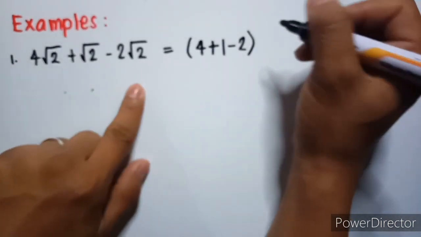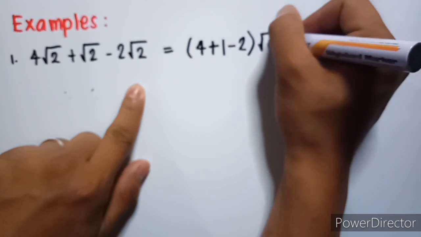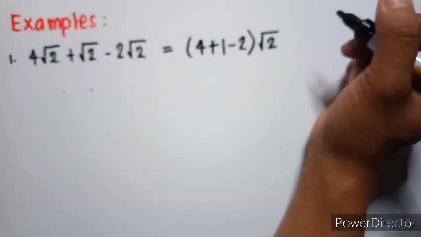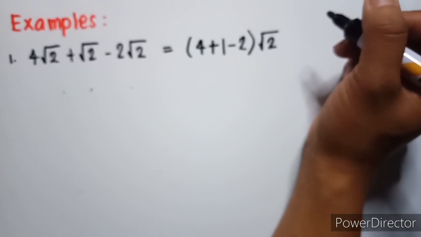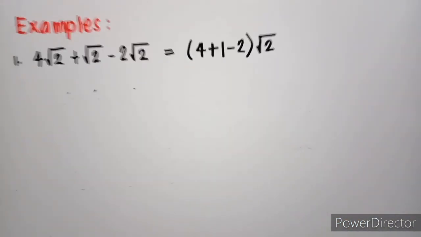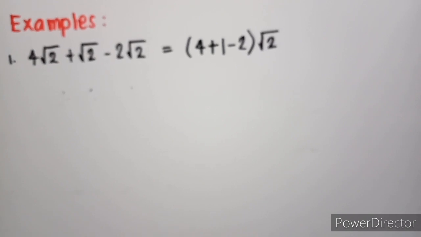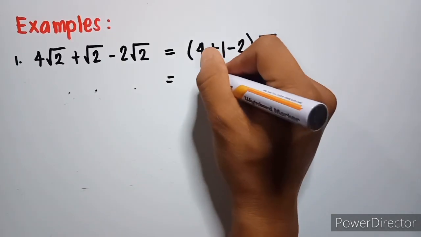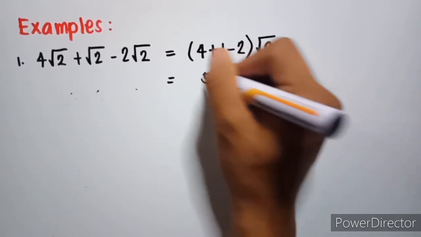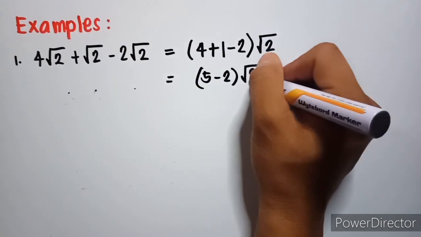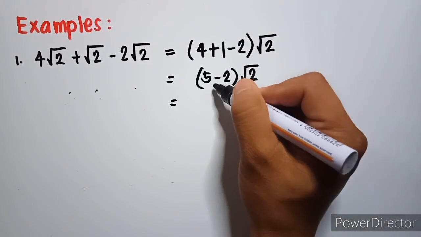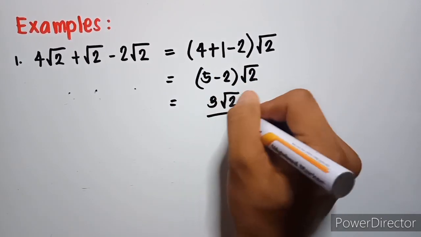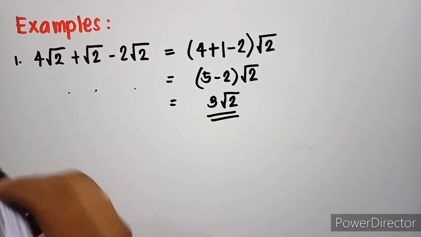Then just copy the similar radicand, only one to represent it. So we have 4 plus 1 minus 2 square root of 2. Then we simplify: 4 plus 1 is 5, minus 2 is 3 square root of 2. So the answer is 3 square root of 2.